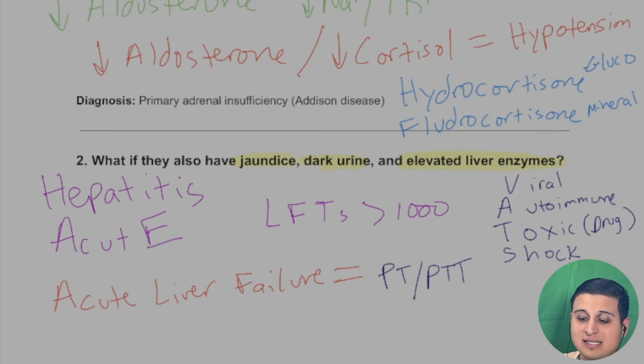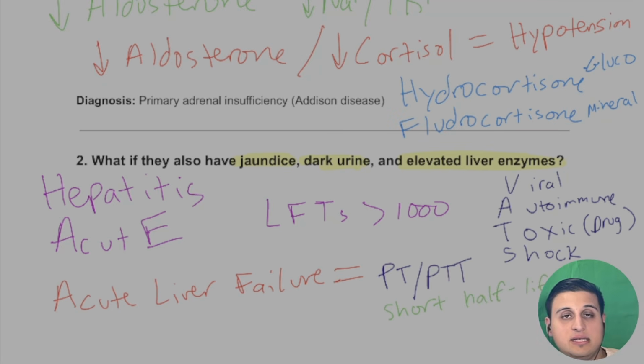All right, because these guys have such short half-lives that we're able to tell when the liver has officially reached that acute liver failure stage, all right? And this is because typically the liver is producing a lot of proteins, including these guys, our factors. But in this case, if we lose all of our factor production, then that means our liver has officially failed. And we need to fix this liver in terms of a transplant. That's the only way this patient's going to survive. All right?